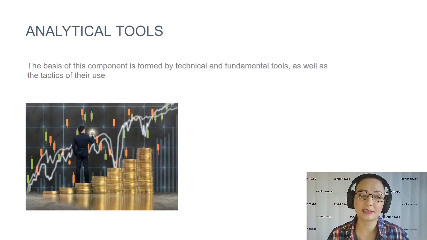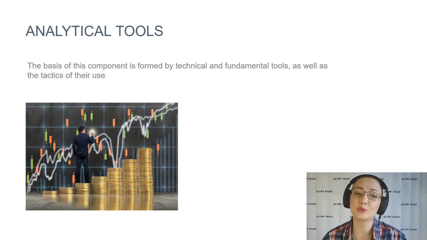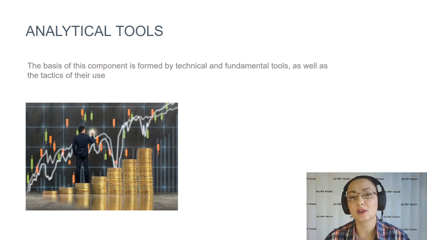Now, the next thing I want to tell you is that you want to use analytical tools, of course. Remember, there are two types of market analysis. There's fundamental analysis, which is like macroeconomic news, the economic calendar, for example, news and speeches releases, and all that's going on globally.